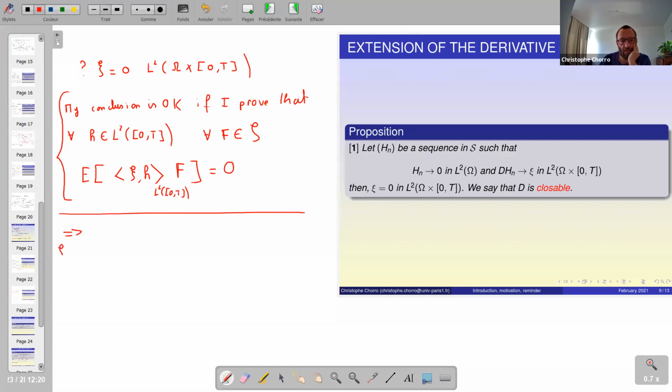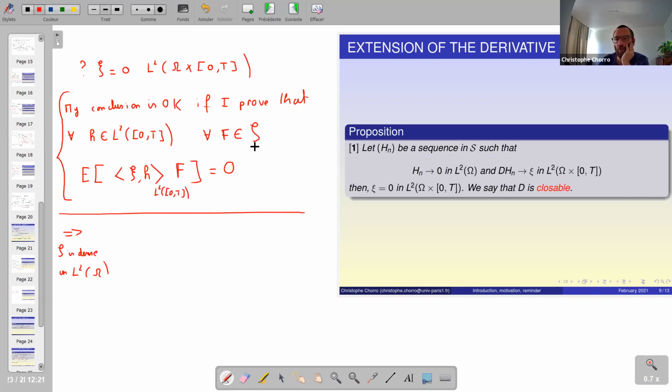I know that S is dense in L2 of omega. So if the expectation of this one with F is 0 for any F in S, it means that this random variable is orthogonal to all the elements in S. By density, it will imply that they are orthogonal in L2 of omega to all the elements in the closure of S in L2 of omega, but S is dense in L2 of omega.